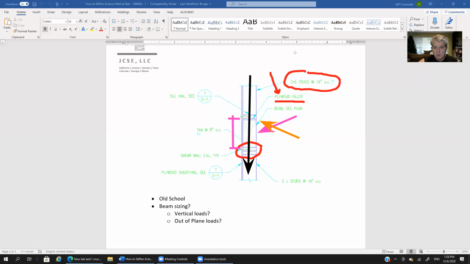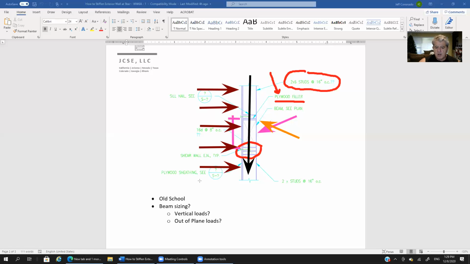So really what we're looking at in terms of resisting is that wind pressure, and again, it can go in either direction, from left to right or right to left. So let's just say we have wind pressure acting from left to right, and it pushes on this assembly, right?